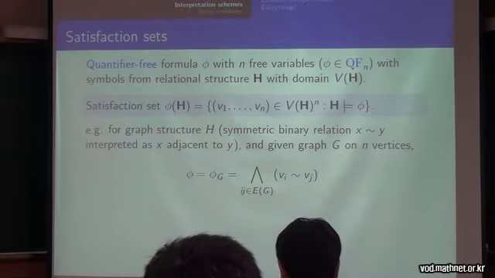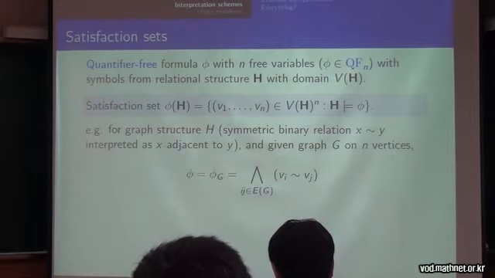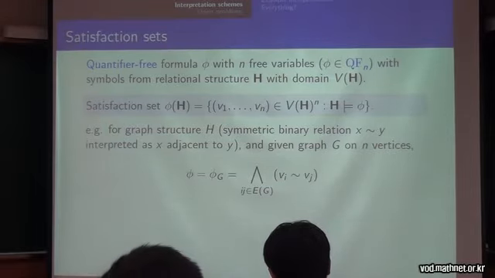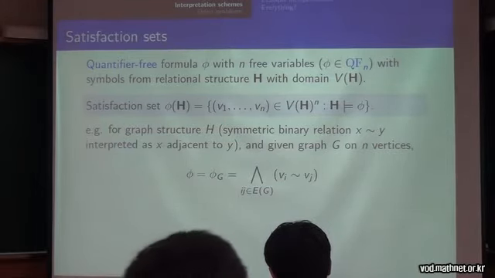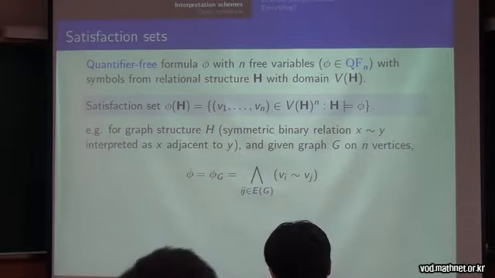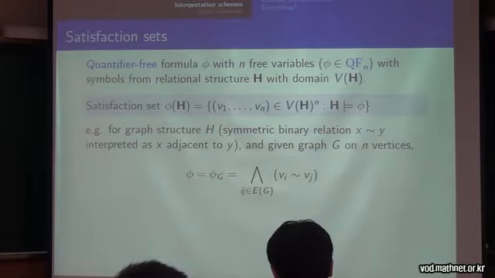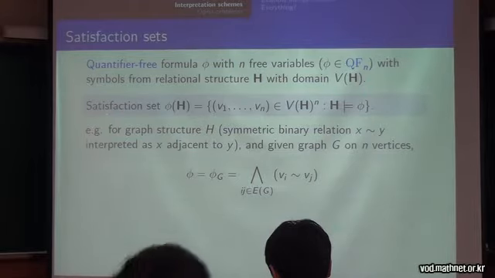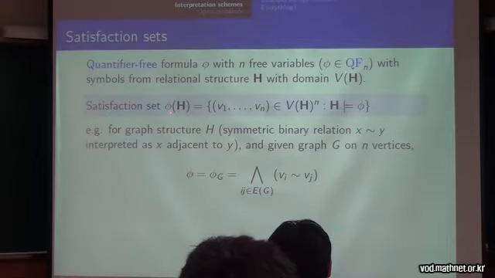So you can have very rich structures like hypergraphs, where you're looking at relations of higher arity. So this relational structure can be many things. But I'm going to call the domain the vertex set of it, just to keep the analog with graphs. And if you're looking at a formula phi, which is quantifier free, there's no for alls or exists in it.